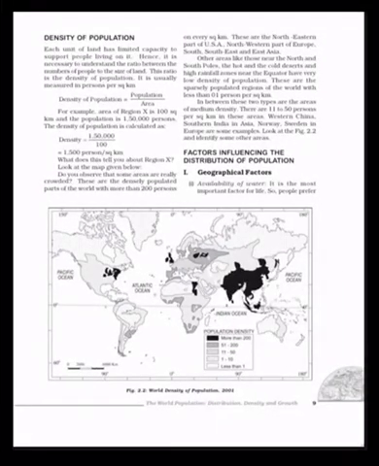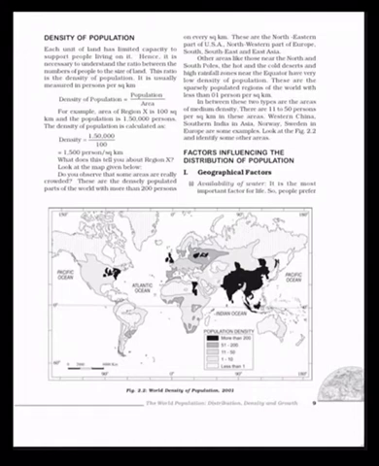Now we'll move further on the factors influencing the distribution of population. So first are our geographical factors. Under geographical factors, your first factor is availability of water. Water is one of the most used resources by human beings, and without water it is very difficult to survive.